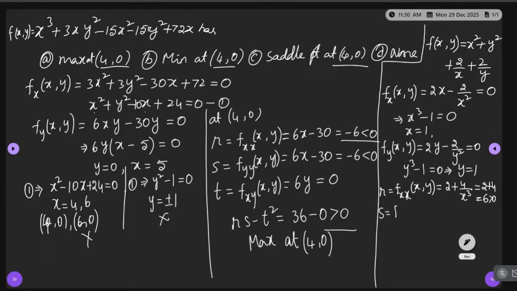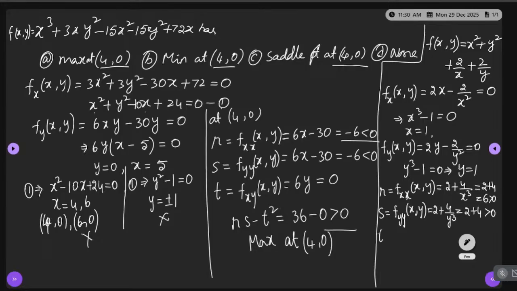S is f_yy of (x, y), the double derivative, that equals to 2 plus 4 by y cube, equals to 2 plus 4, that is greater than 0.